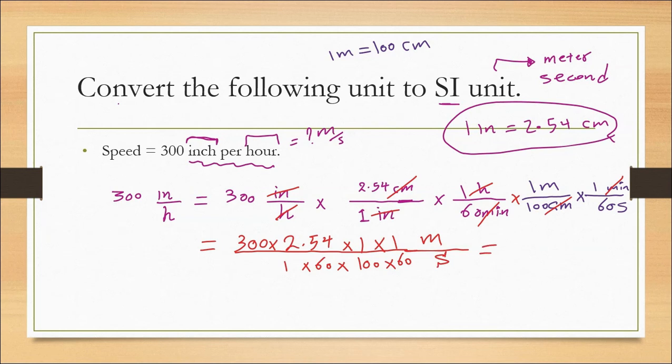And the answer is 0.0021 meter per second. It's equal to 2.1 times 10 to negative 3 meter per second.